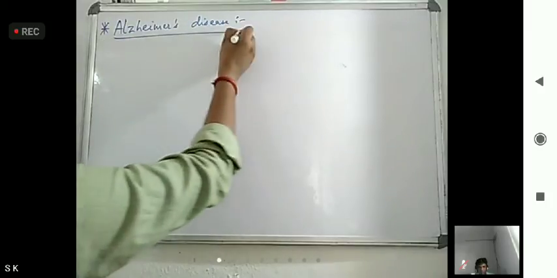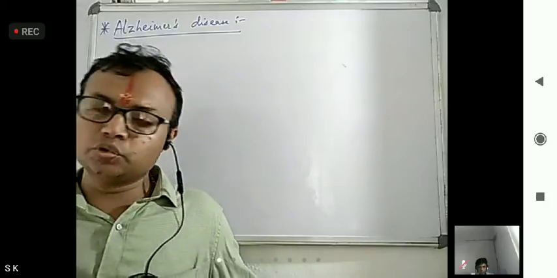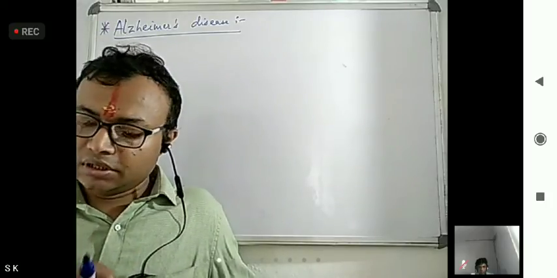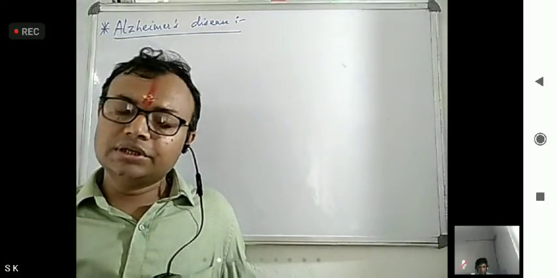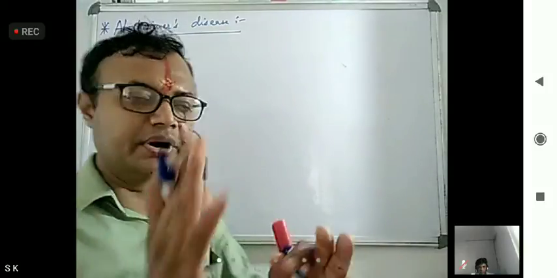Next is Alzheimer's disease. Now, this disease is completely related to what? Nerve cells. And that's why it is known as a neurodegenerative disease of brain.